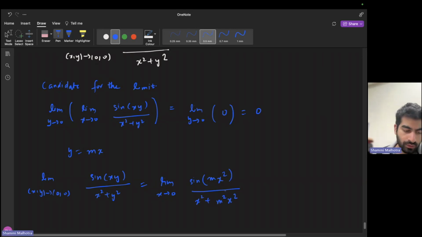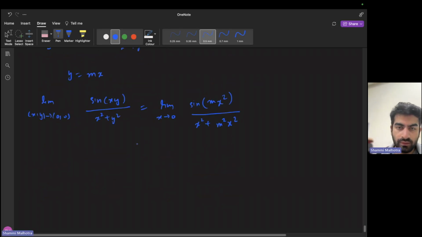Like what we can see, this can be seen as the limit as x tends towards 0 of sin(mx square) divided by x square, times 1 upon 1 plus m square.